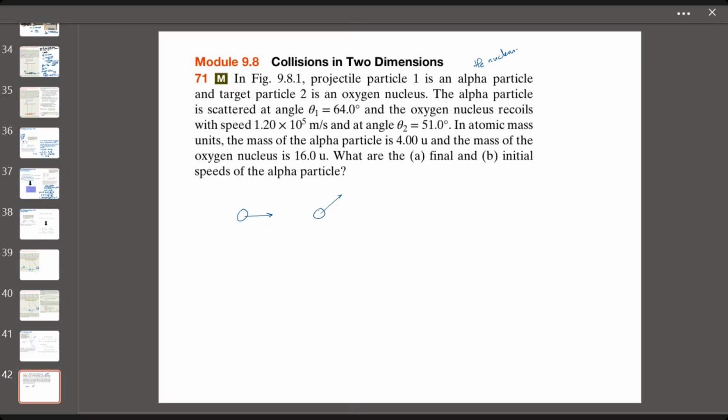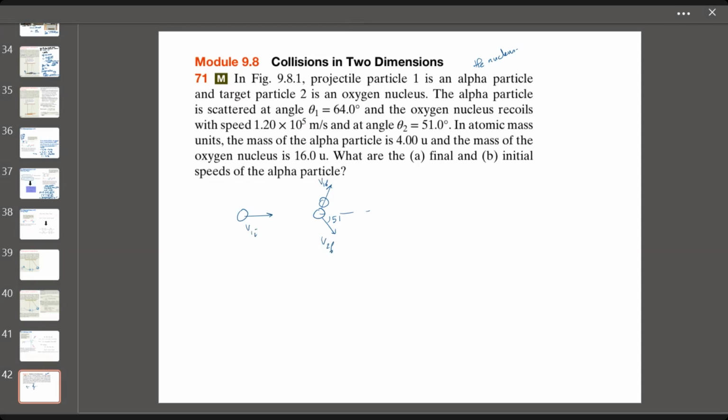So the alpha particle moves at an angle 64 after the collision, whereas our oxygen atom will move at an angle 51 with a recoil, so it's opposite. So this is my figure, which is very helpful. This is V1 initial, this is V1 final, and this is V2 final.